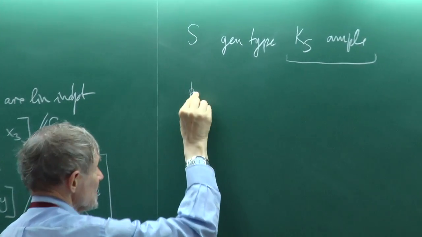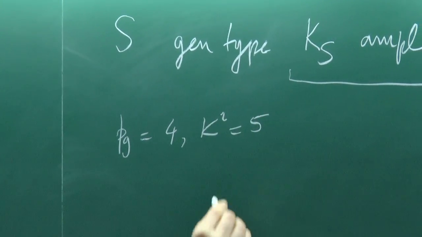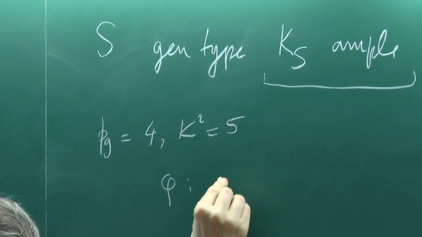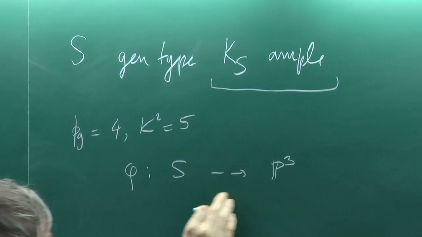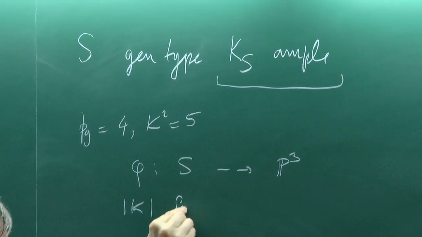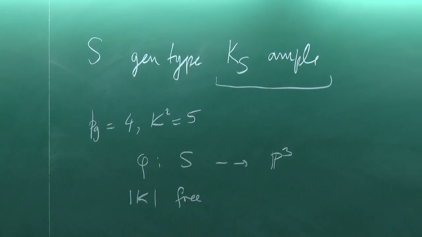So if I take p_g equals 4, K squared equals 5, then geometrically speaking, you write phi from S maps to P3, and you say, well, if we're lucky, the K will be a free linear system, no fixed components, no base points, right?